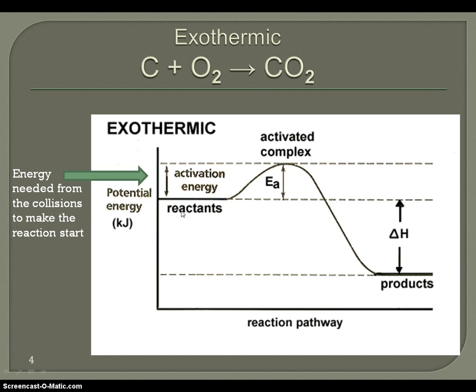In order for the reaction to occur, it needs a certain amount of activation energy, and where that energy comes from is the collisions. If we heat things up, we add energy, and the collisions will occur more rapidly. If we add pressure, or increase the concentration, all of those things are going to increase the energy with which the collisions happen. So we need to achieve what is called the activation energy in order for the reaction to happen.